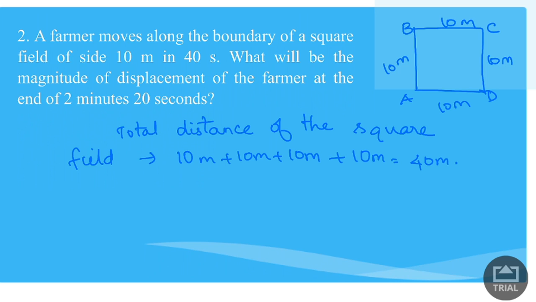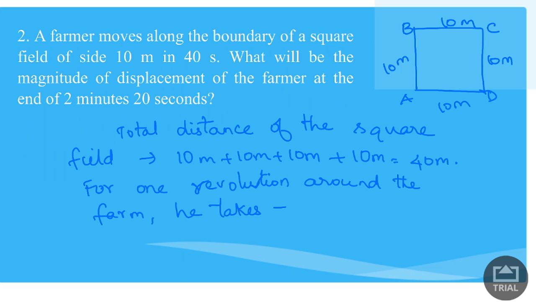So he moves along it once, one revolution around the farm. He takes 40 seconds.